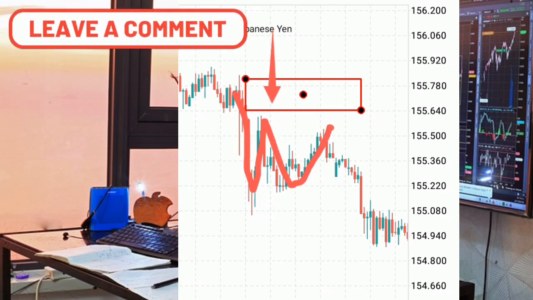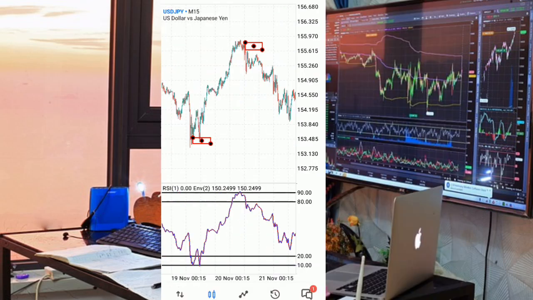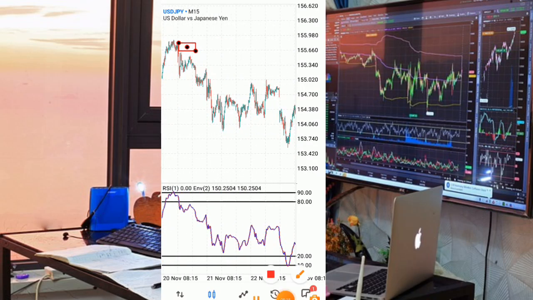So this was retest number one, and over here it was retest number two, and then price just went down, moving down like that. As you can see, we had a very bearish movement over there. Price just kept on going down.